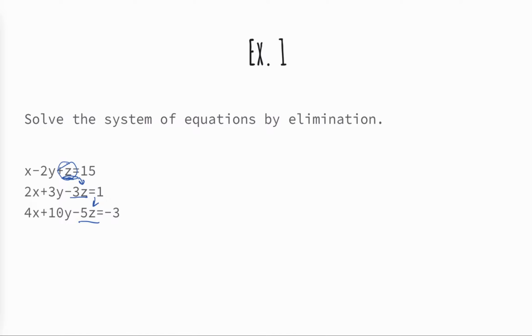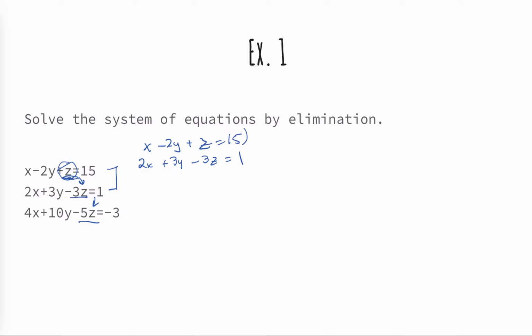It works basically the same as solving for 2 variables, except we have to do the steps a bunch more times. So we'll start with these first 2 equations. We have x minus 2y plus z equals 15, and 2x plus 3y minus 3z equals 1.